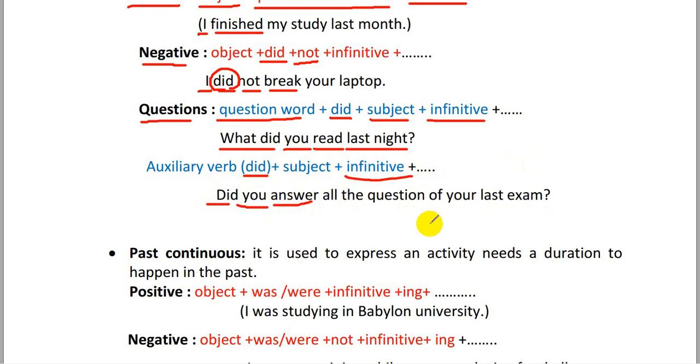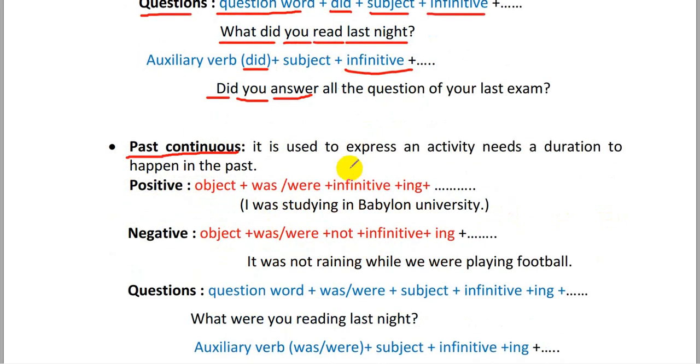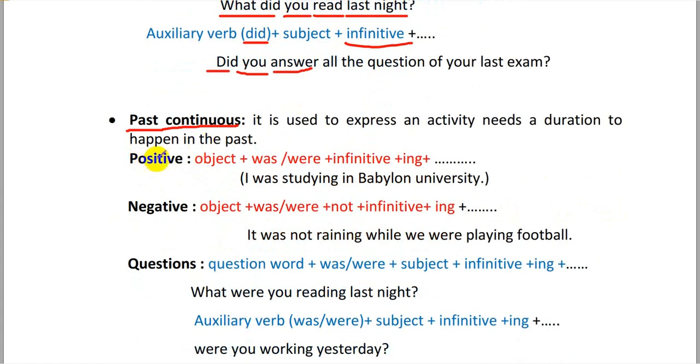For past continuous, الماضي المستمر, it is used to express an activity that needs duration to happen in the past. هذا يستخدم للتعبير عن حادثة تحتاج إلى فترة من الزمن ولكن في الماضي. له أيضا ثلاث صيغ: البوزيتيف، النيجاتيف، الكويستشن. For positive the rule is subject, فاعل, was or were. was للمفرد, were للجمع.